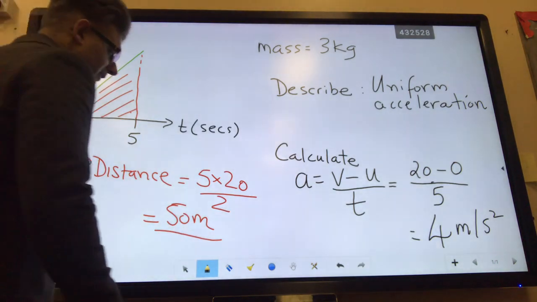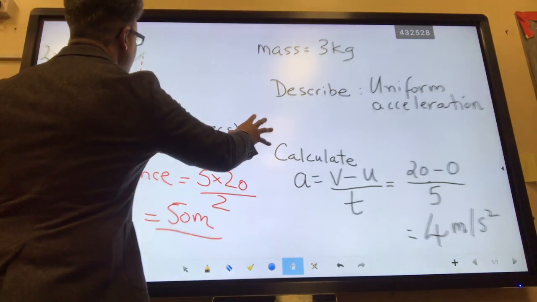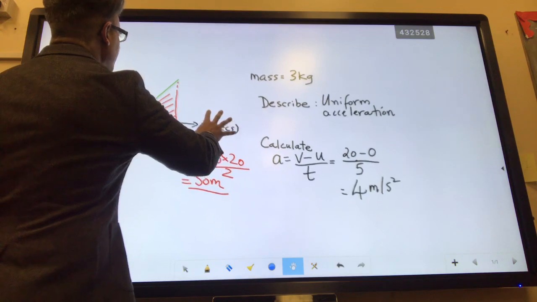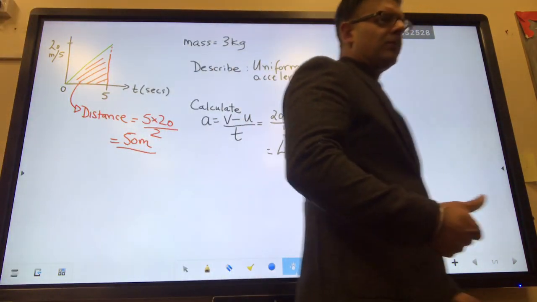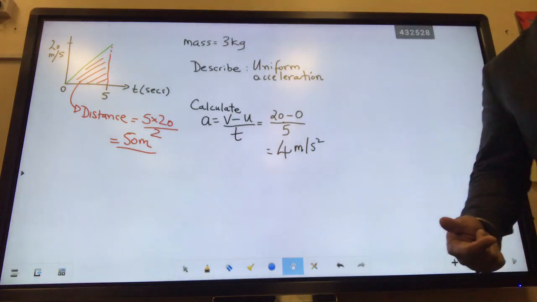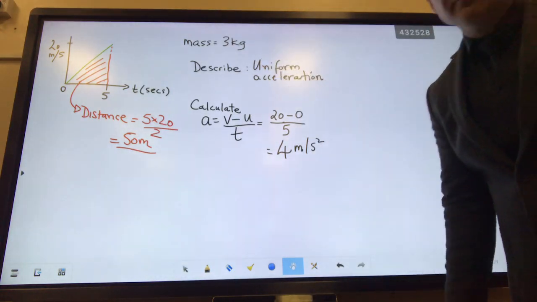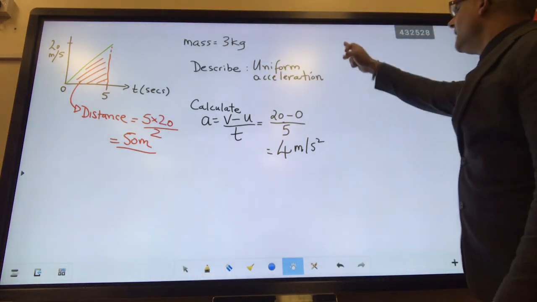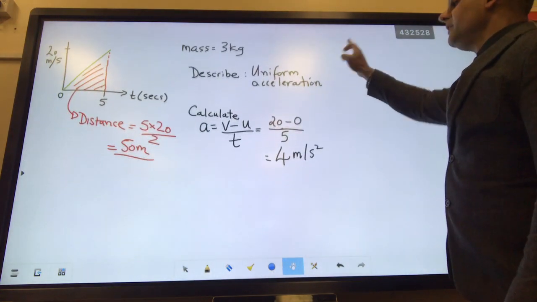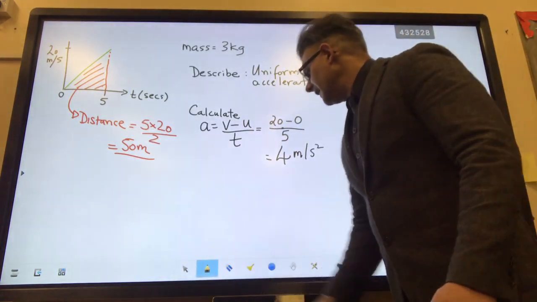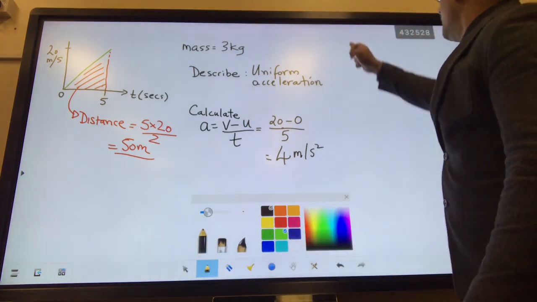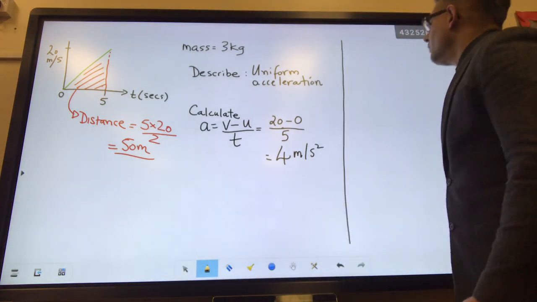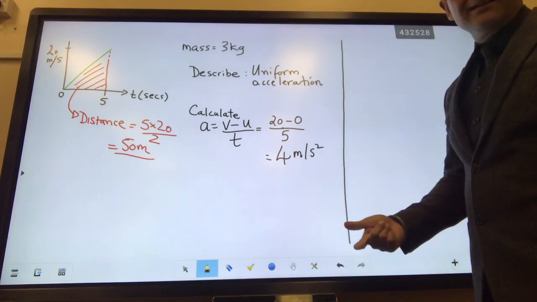Now, the next thing we can look at is how we calculate, from this information, the force required in order to increase the velocity from 0 up to 20 meters per second. To do that, we really need to focus on the equation of force linking mass and acceleration.